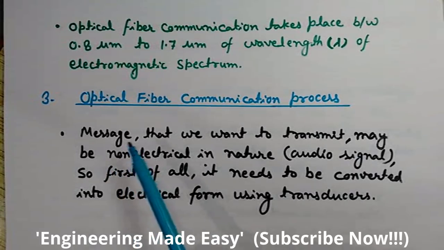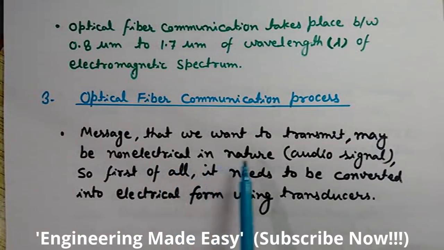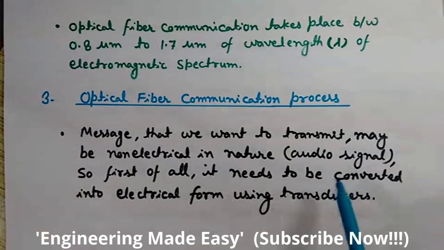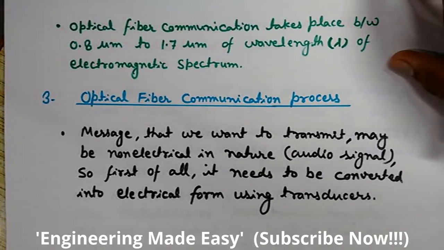In this, the message that we want to transmit may be non-electrical in nature. Suppose it is an audio signal, our message signal, our voice speech signal. So first of all, it needs to be converted into electrical form using transducers. So what are transducers? Transducers are just energy converters. They convert energy from one form to another.